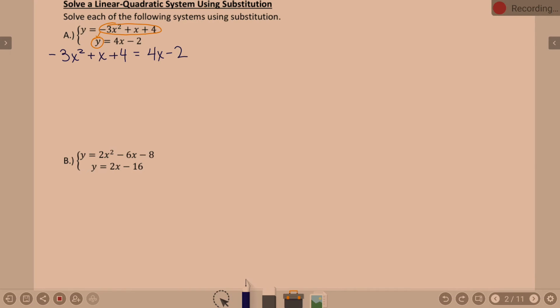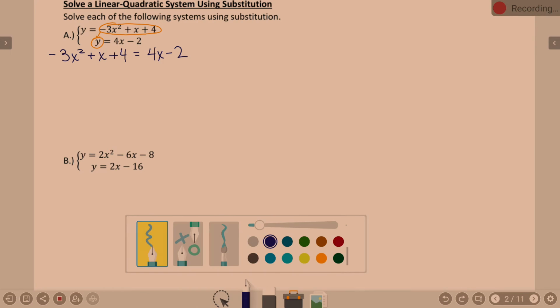We also have an x squared. What is our trick for solving x squared equations most of the time? Make the equation equal to 0. Okay? Because I have x squareds, x's, and constants, I'm going to make my equation equal to 0. And then we're going to see what happens. Now, you can make this equal to 0 any way you want.